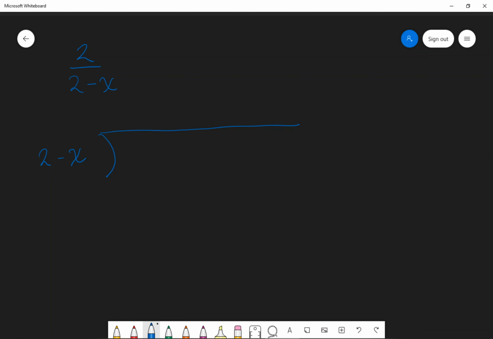The numerator is 2, but it has 0x and 0x squared and 0x to the 3. This is a 0th power of x. This is a 1 power of x. If there was another one, we write it too. So we write the polynomials in terms of increasing powers of x here.